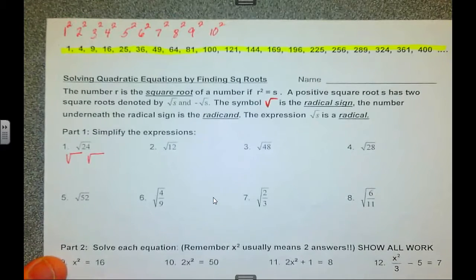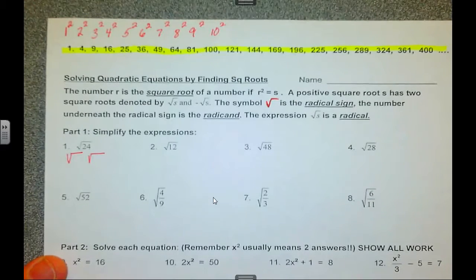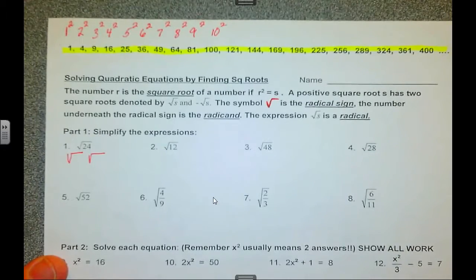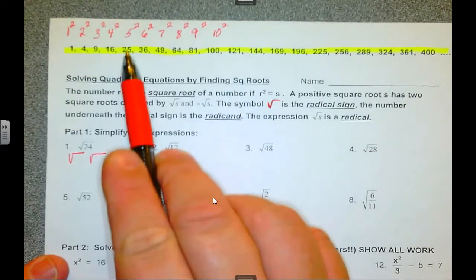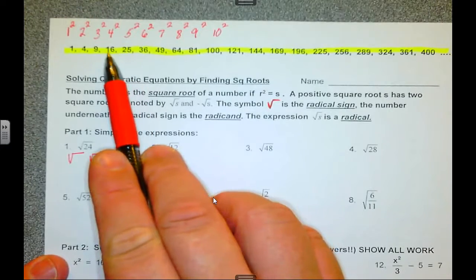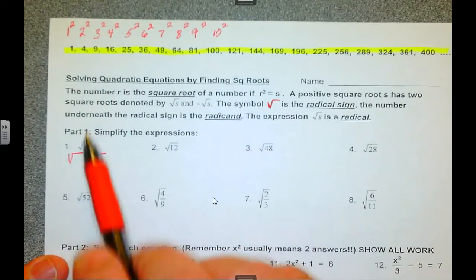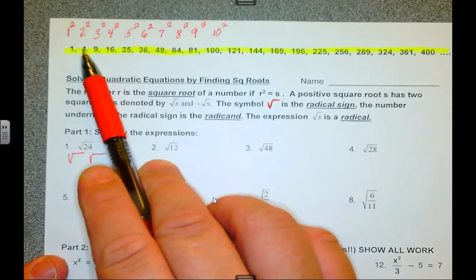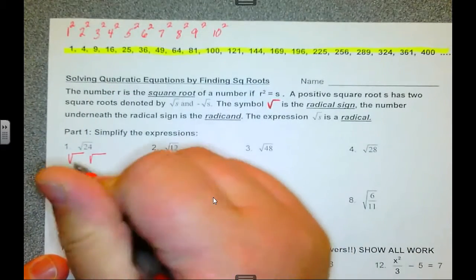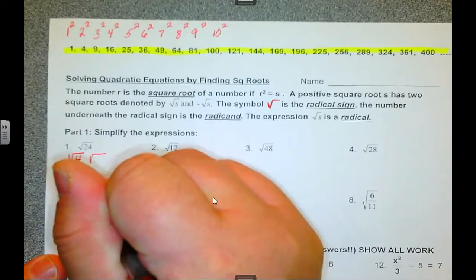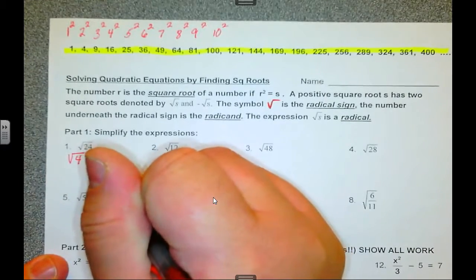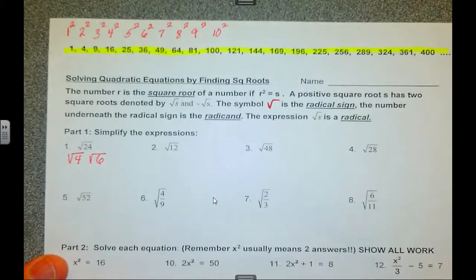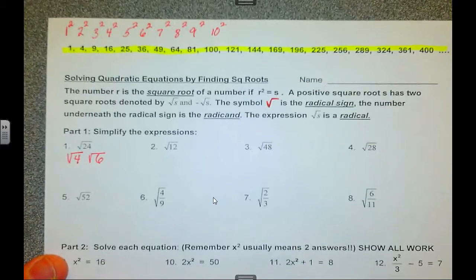What's the largest perfect square that's a factor of 24? Well, let's see. We can't start at 25, so we have to start at 16. 16 is not a factor of 24. 9 is not a factor of 24. 4, however, is a factor of 24. So that's my perfect square. 4 times 6 is 24. 6 is an imperfect. Now I can simplify this.